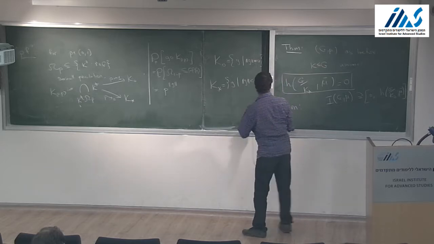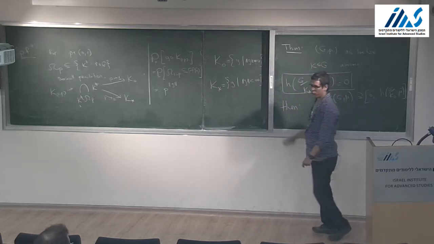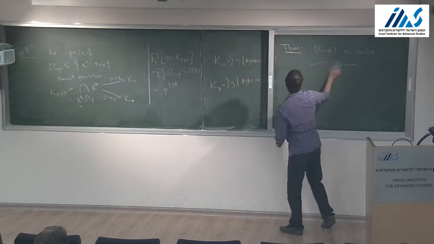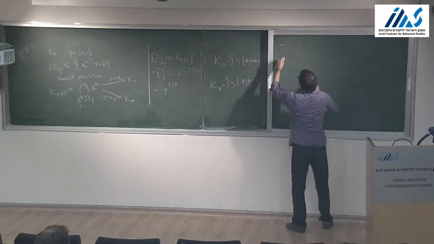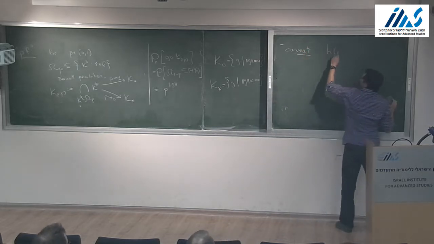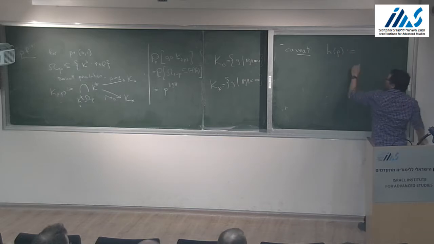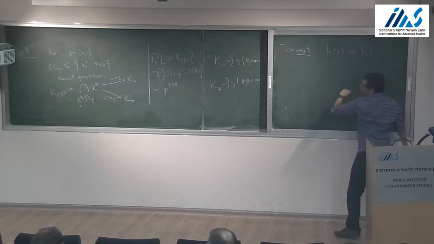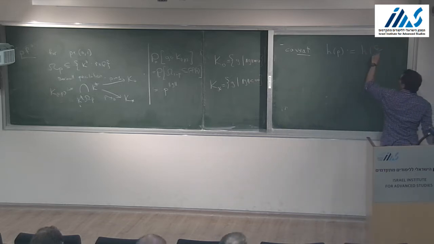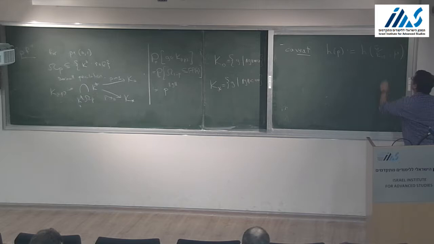And the fact is that entropy is not continuous. So let me write a caveat. If you define this function h of p to be just the entropy of, so I need a measure, let's just write G modulo this K, 1 minus p, nu bar, right?